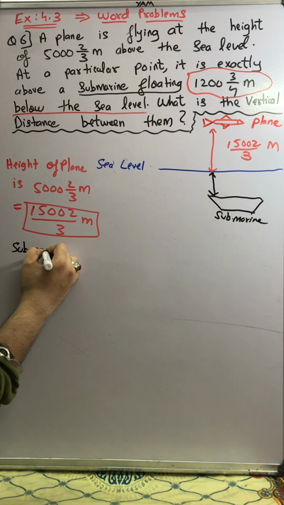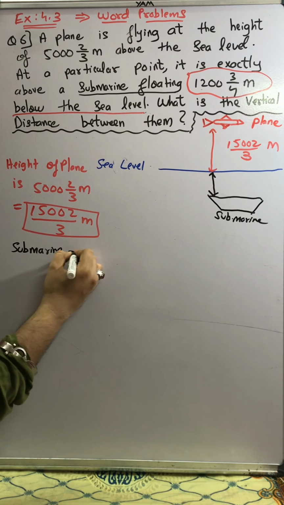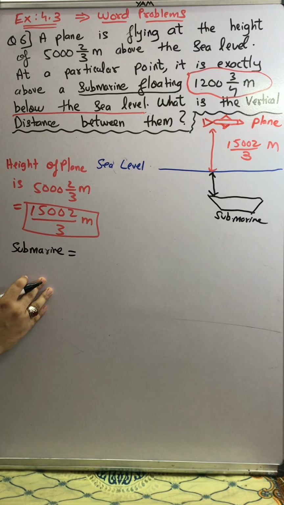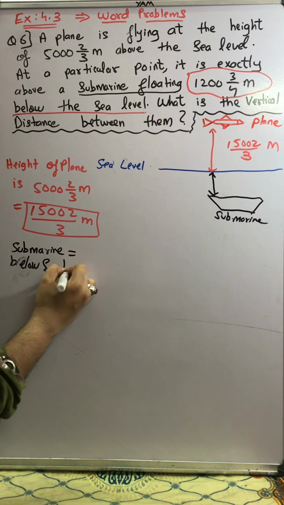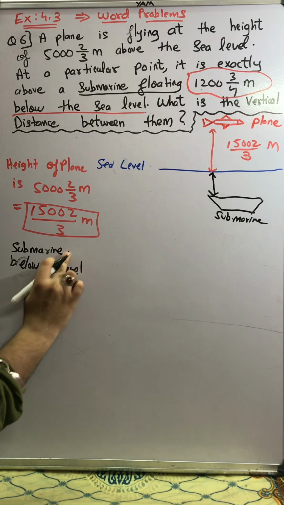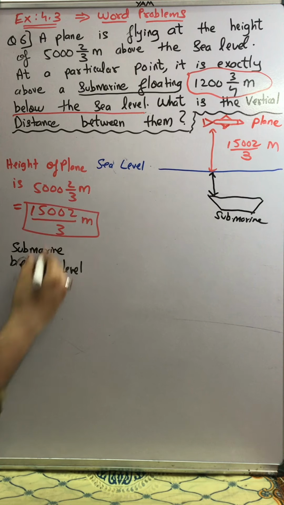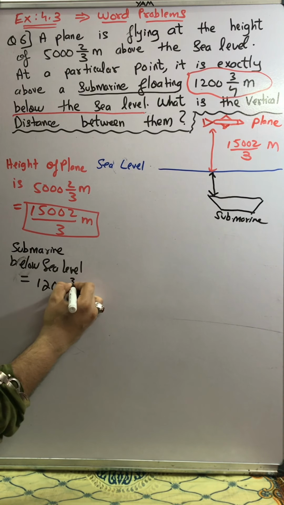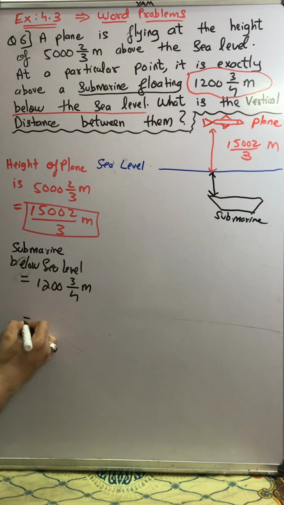Submarine. What is the dimension of submarine given? Submarine is given as below sea level. How much below? It's given 120 3/4 meters.